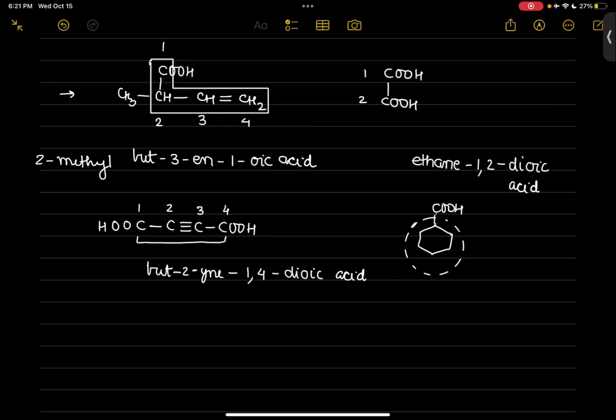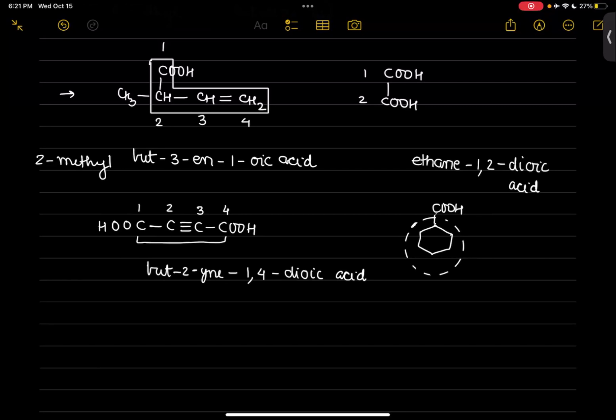Can I call it cyclohexanoic acid? First of all, there is a prefix cyclo. If somebody reads cyclohexanoic acid, he might think this has 6 carbon atoms. But the molecule has 7 carbon atoms.